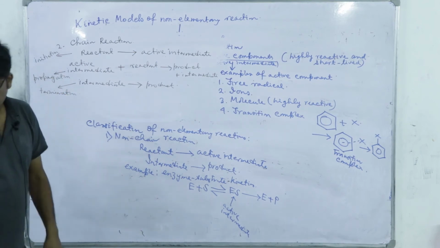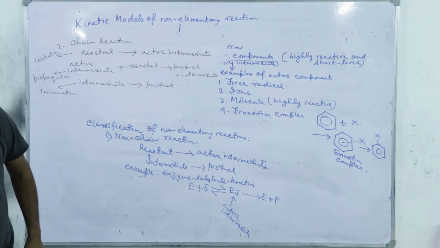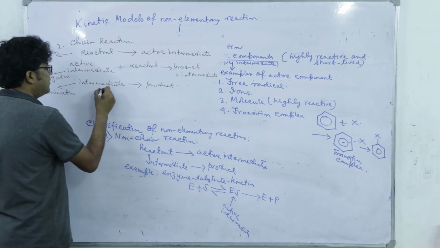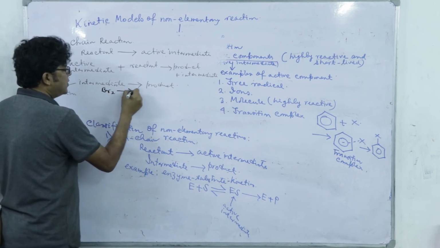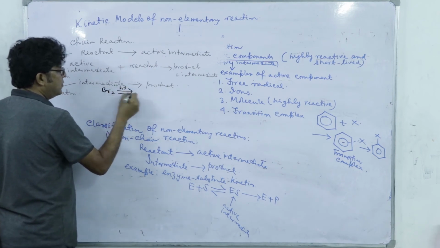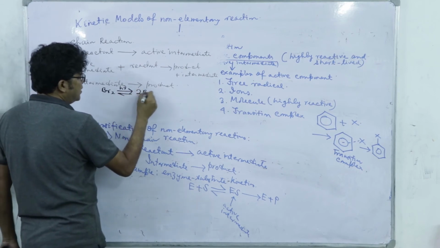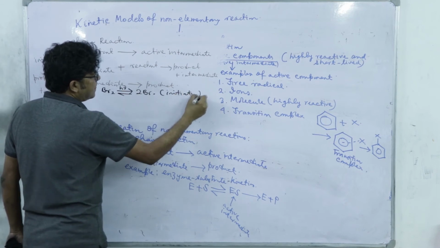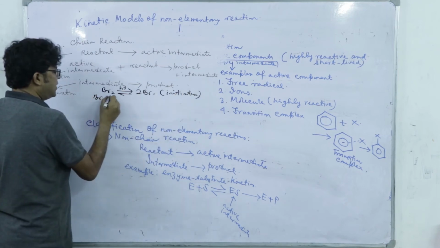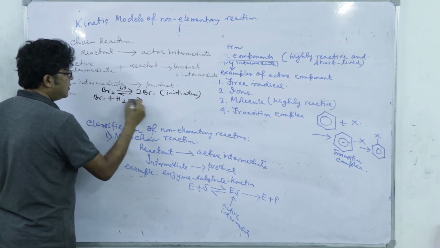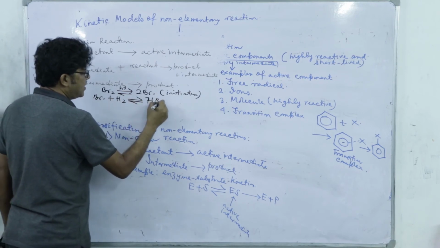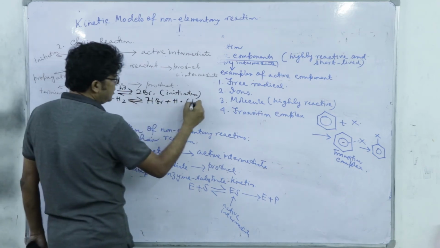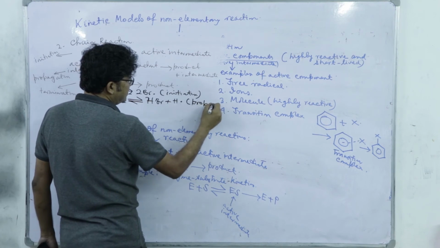Right? The typical example which we have just cited, that reaction of hydrogen and bromine. See, Br2 on absorbing h nu giving 2 Br dot. So, this is initiation. Now, Br dot plus H2 giving HBr plus H dot. So, H dot is the intermediate, HBr is a product. So, propagation.